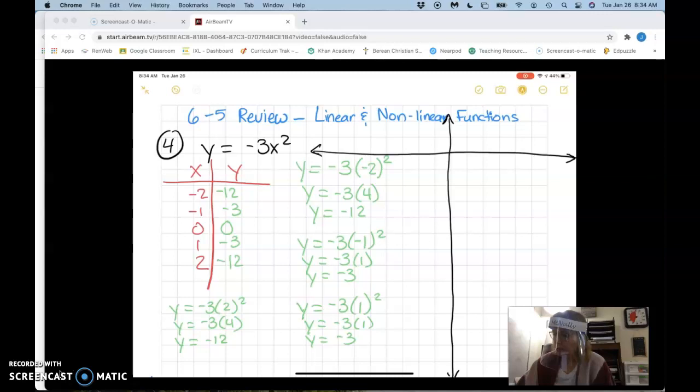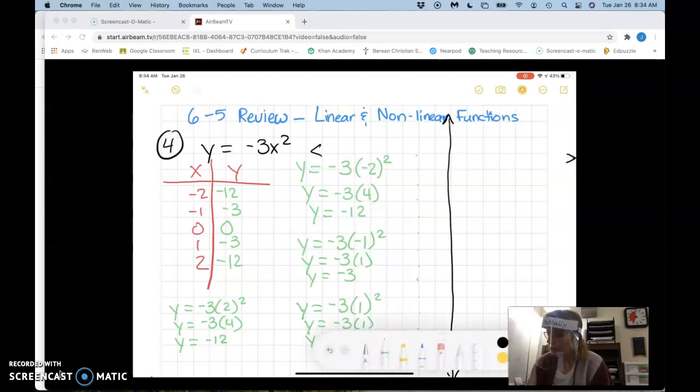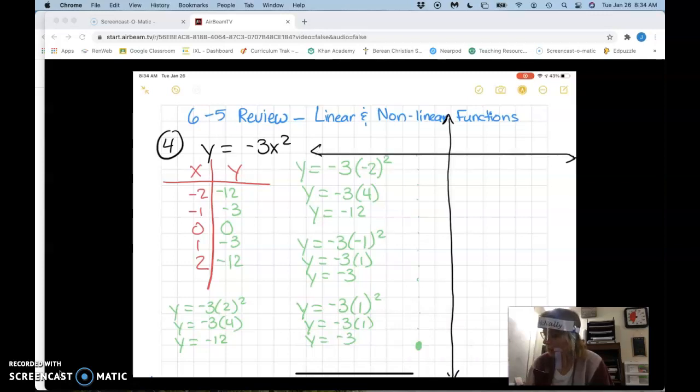So, negative 2 and negative 12. Yep, that's my first point. I'm graphing. And then negative 1, negative 3. 1, 2, 3.